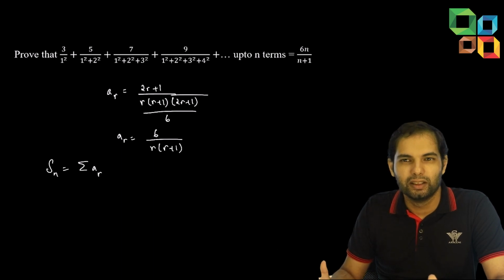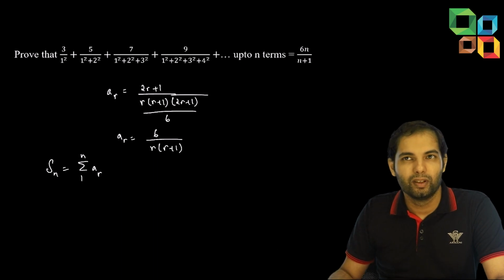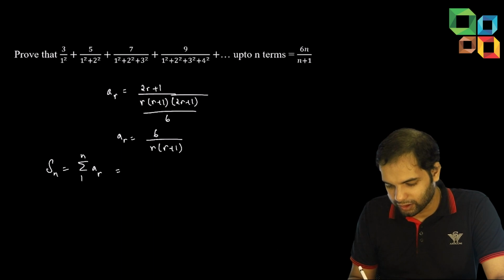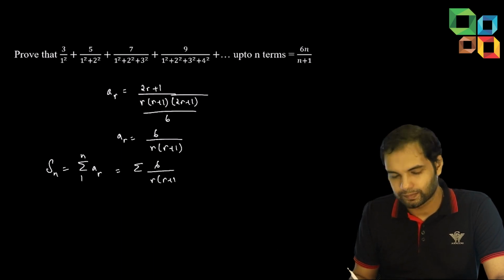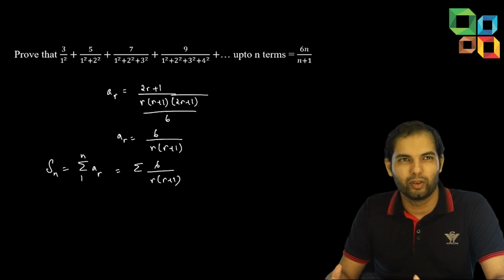For the sum of all terms, obviously I have to write 1 to n, right? So r from 1 to n would give me this. Okay. So I just have to find the summation of 6 by r into r plus 1, correct? If I find the summation of that, it should give me the answer. Till now we are trying to figure out the same thing. We don't have an exact idea how to do it, right?